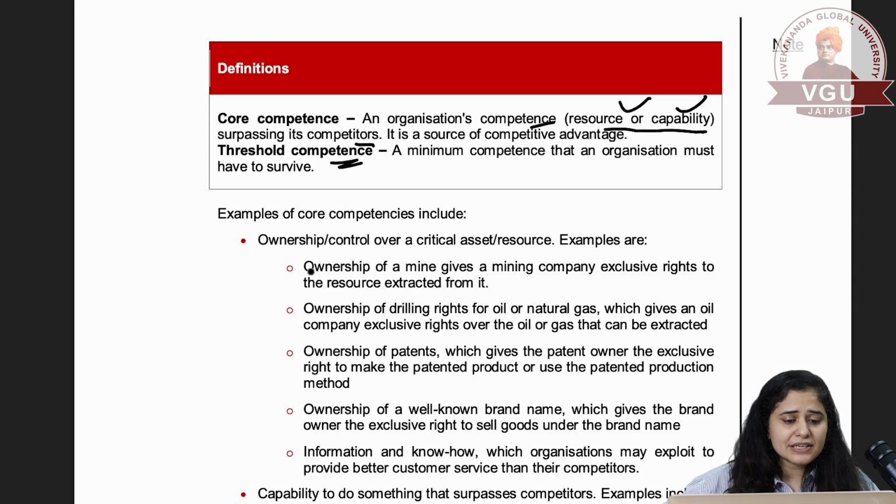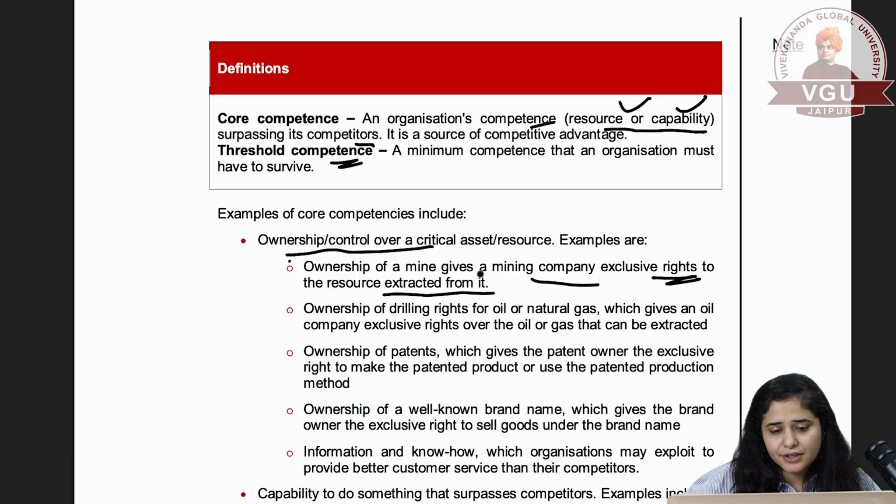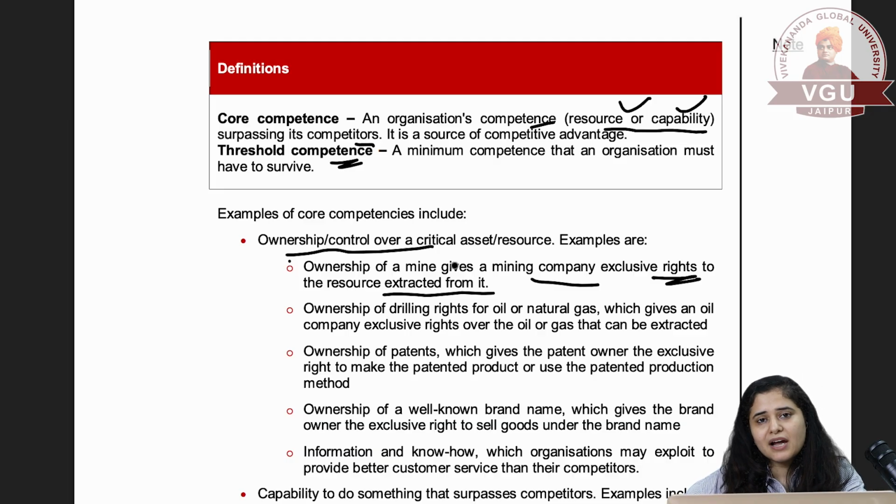As an example, ownership of a mine gives a mining company exclusive rights to the resources extracted from it. If you already own the mine, you are in a better, advantageous position, because there is no third party involved. You yourself are the owner of the mine and of the material being extracted.